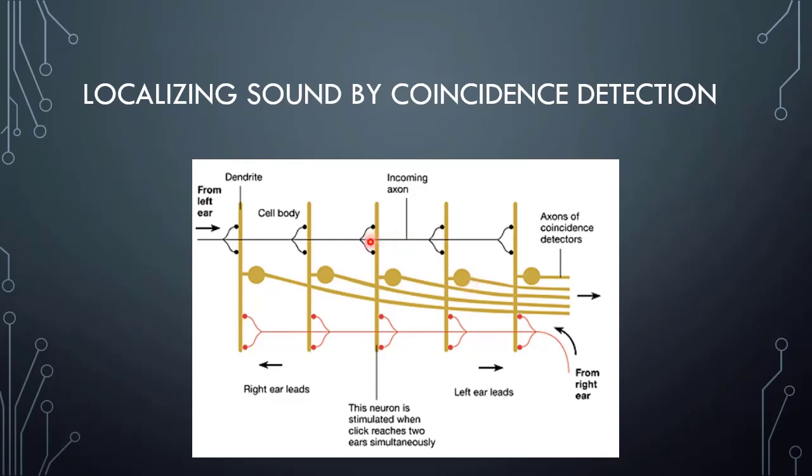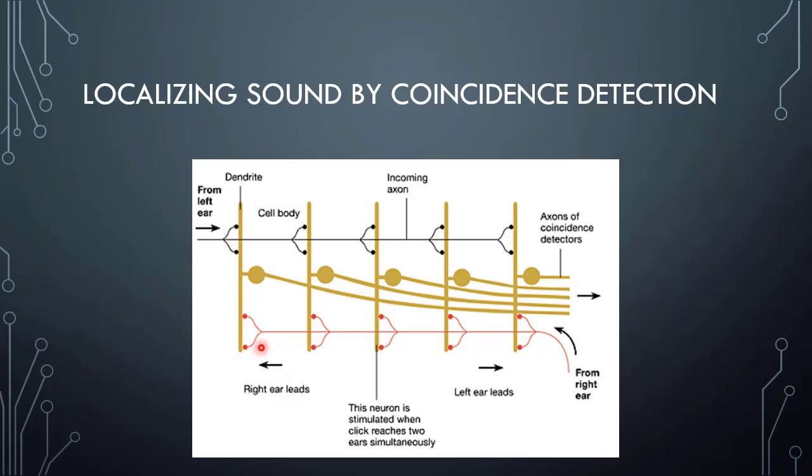In reality, this means we need both signals to cause these neurons to fire an action potential. You can imagine the same thing coming in the opposite direction, where if it starts closer to the right ear, then we might knock down 1, 2, 3, 4, 5 dominoes, let's say, and then the sound finally hits the left ear, and then we get these two dominoes to fall at the same time.